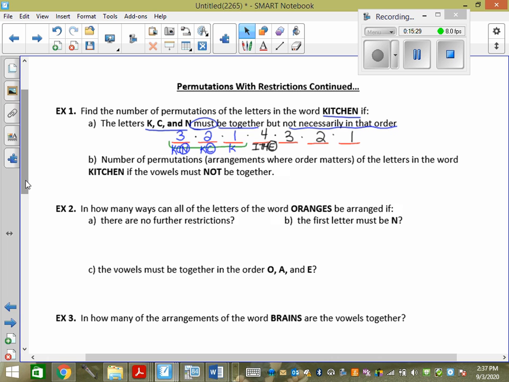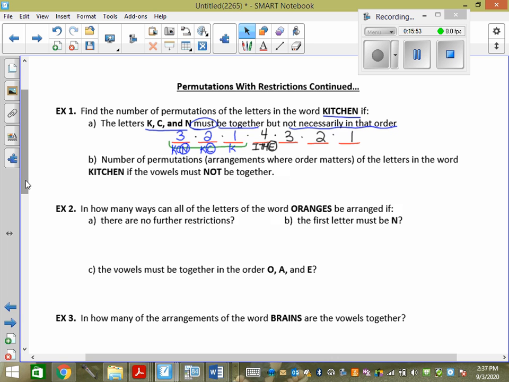So that's one way I could do it. Or I could take KCN and I could plop it between these letters, couldn't I? If I plopped it between these letters, would it make a totally different word? Yeah. Would they be together? Yep. Okay. What if I took them and I put them between these two letters? Would they be together? Yeah. Would they make a new word? Yeah, because we'd have KCN in here.